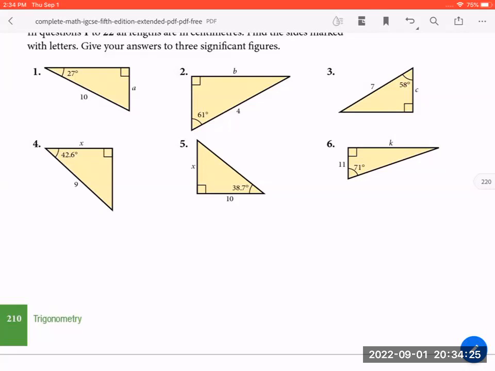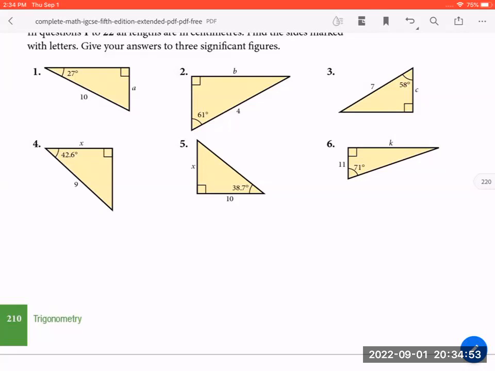What is given to us is 27 degrees and the value of the hypotenuse, which is 10. We're supposed to find the side with the letter A, and that is the opposite. So the rule of the opposite and hypotenuse is sine, right?